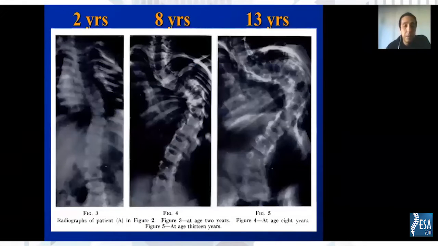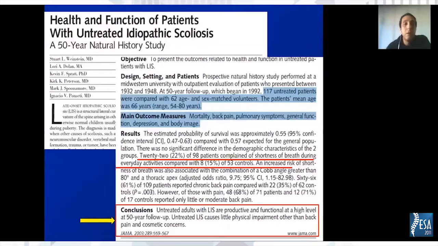And this is just x-rays for a patient. You can see how high the curve can get if left untreated, if it starts early onset, like at age 2 or around that age. And again, this is very different than the adolescent type, where the natural history is pretty similar to the normal population.